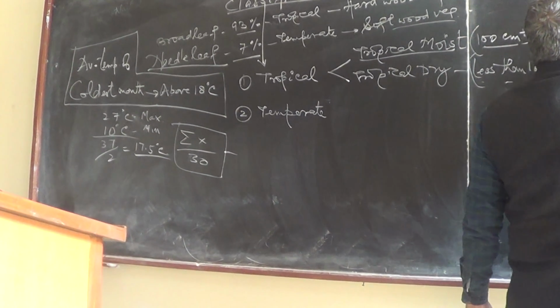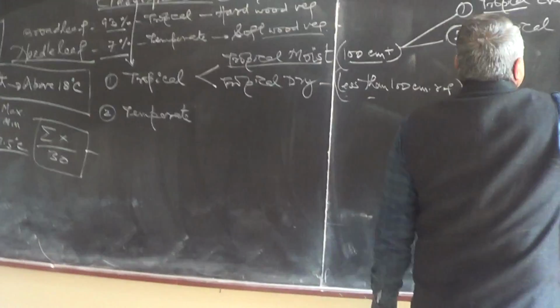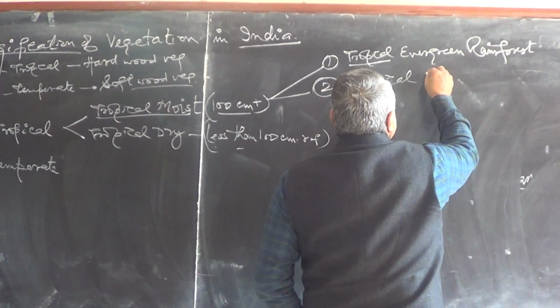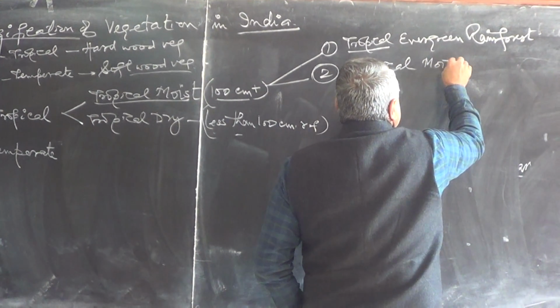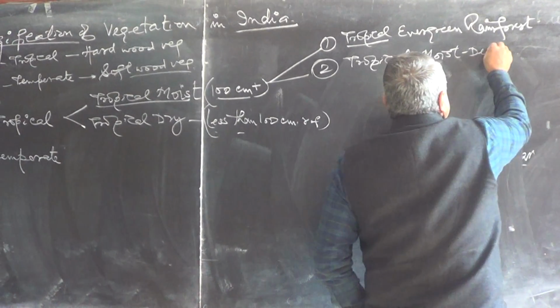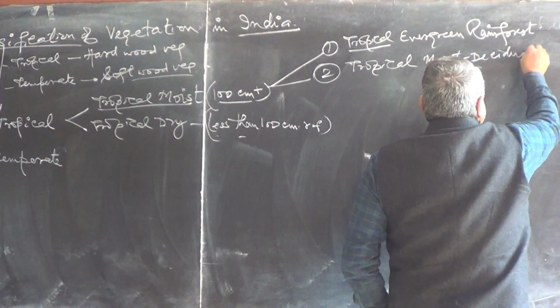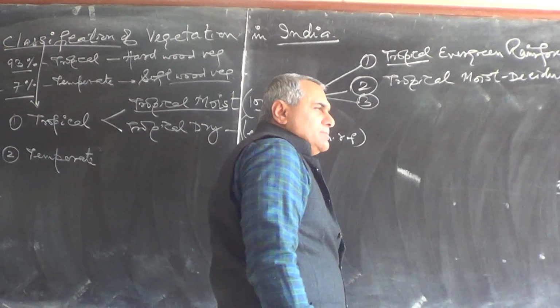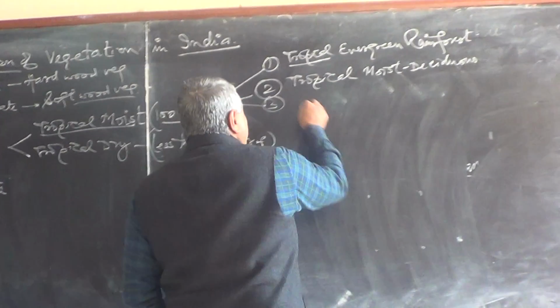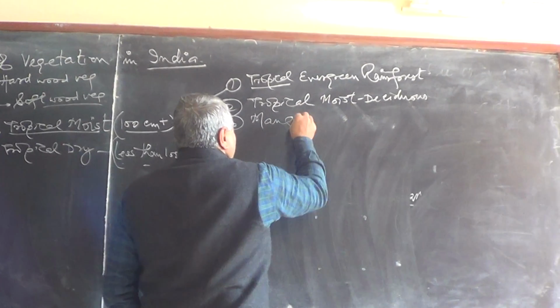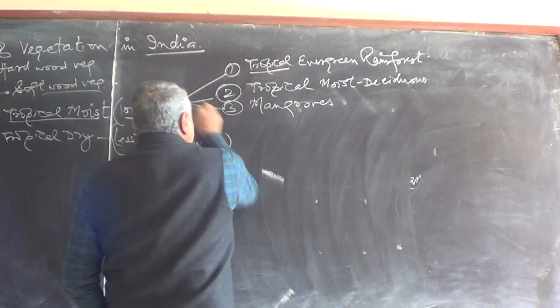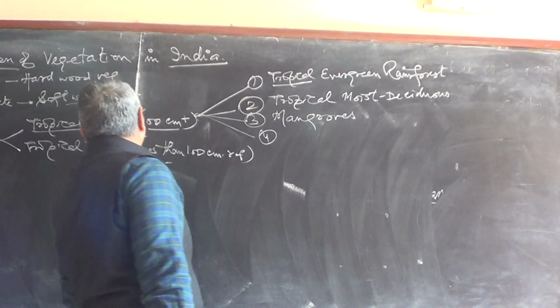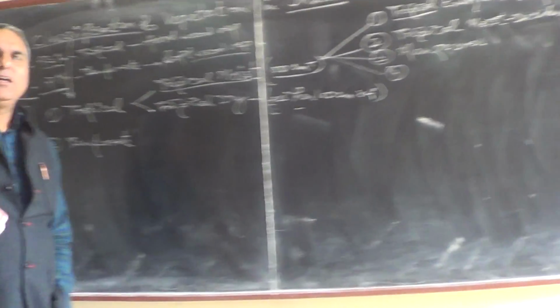Tropical, you can say moist deciduous. And third is mangroves. And there is another category that is called tropical moist.